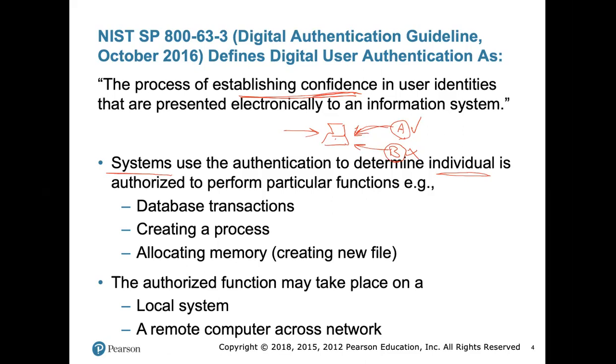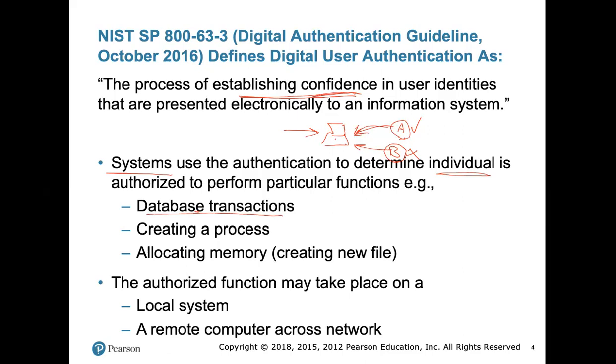Only a small number of users are allowed to read that database. So for any type of database transaction, we may need to make sure that the right individual or right client is doing that.